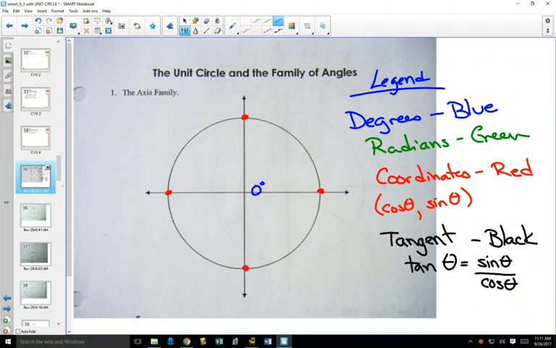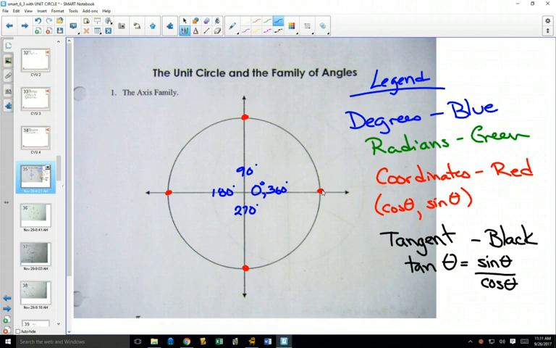Your y-axis would be 90 degrees, 180 degrees, 270 degrees, and if we went all the way around, 0 degrees would be coterminal with 360 degrees. We could keep on going, but we'll just go once around the circle.